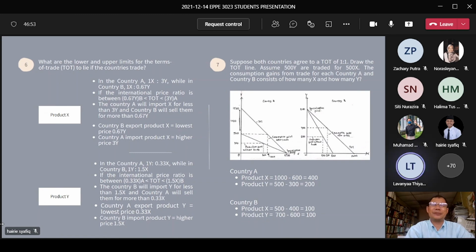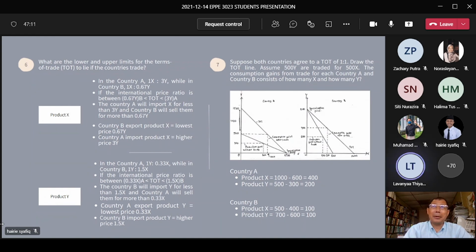One thing about the constant cost model, which is 2 by 2 by 1, one factor only, labor, constant cost, which gives a straight-line PPF.